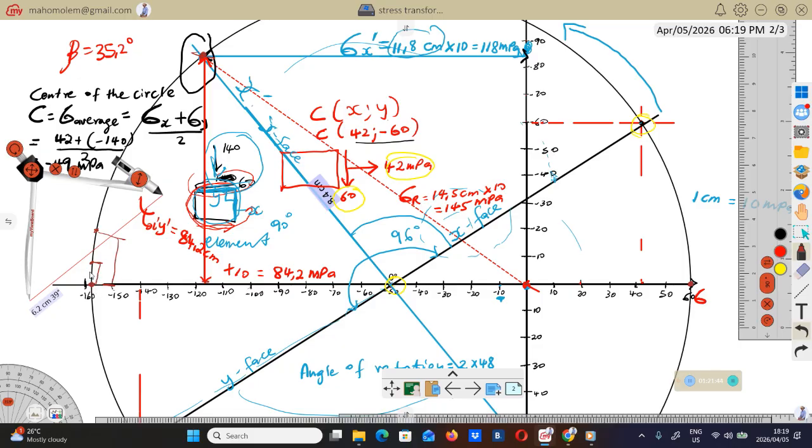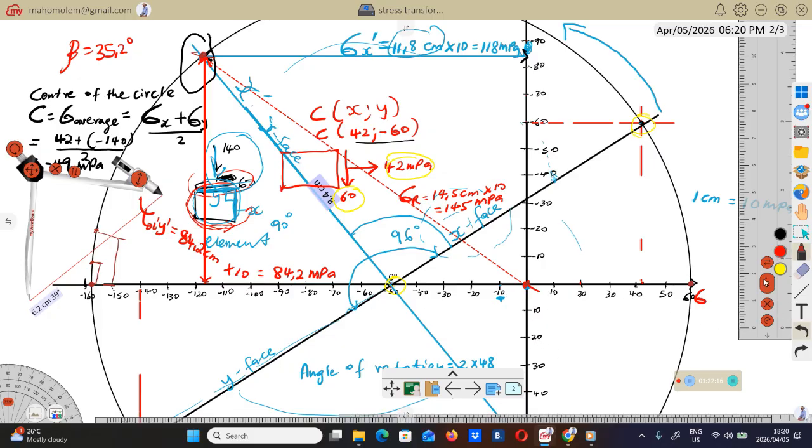So in short, the principal stress, we're always going to find it on this horizontal line from this origin. From this origin, you draw the horizontal line. Where the horizontal line meets the circle, you're going to have the principal points, the principal stresses, or the principal planes.